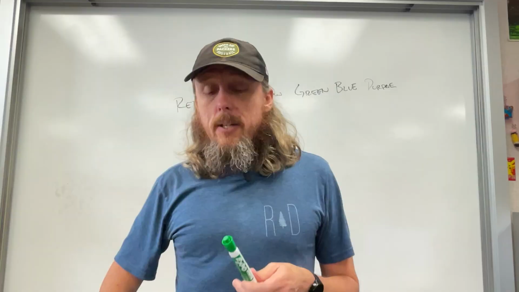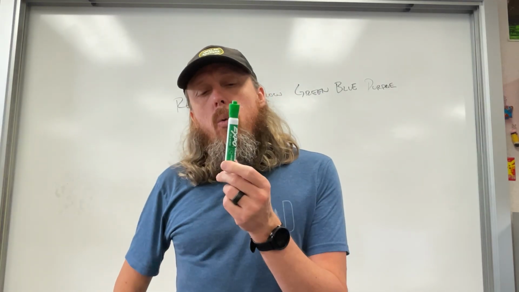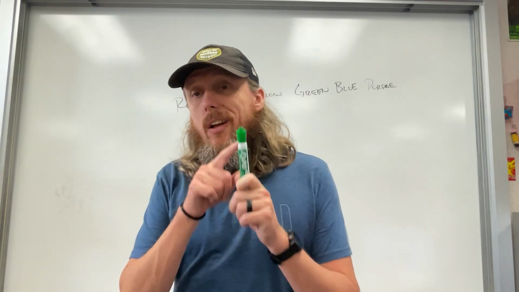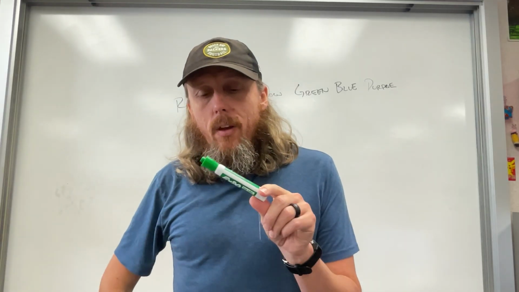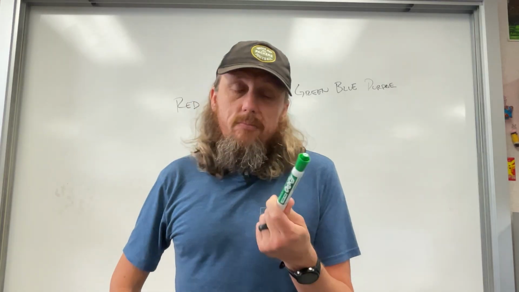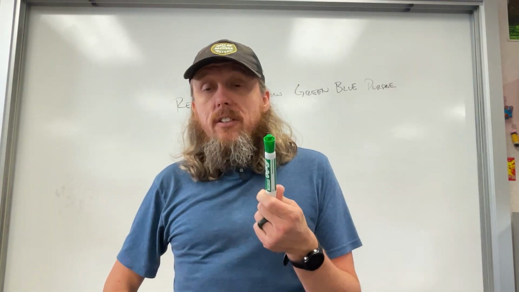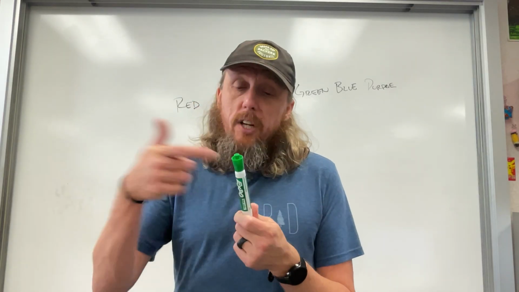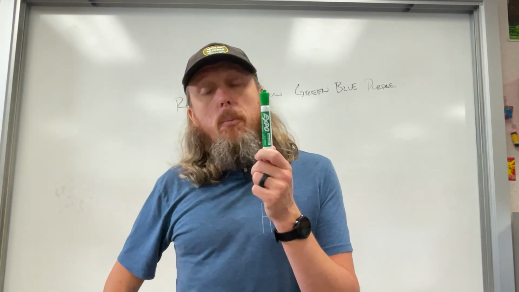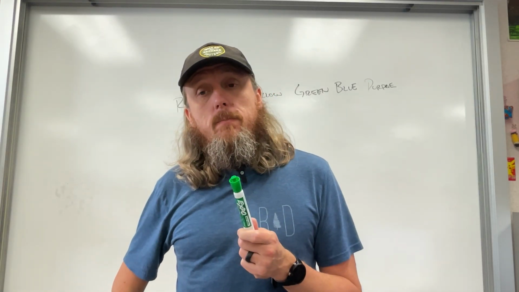Okay, pretty easy. Now, what if I only shine red light on this? What color is this going to appear? I'm sure some of you are going to say it's still going to look green. No. Some of you are going to say it's going to look red, right? Shine the red light on it, so it's going to appear red. No. It's actually going to appear black.